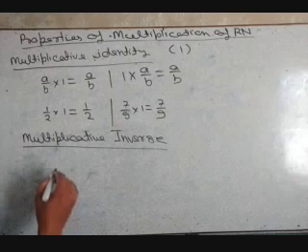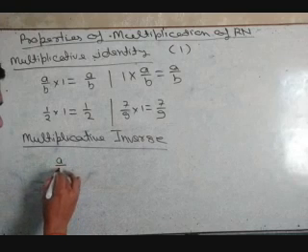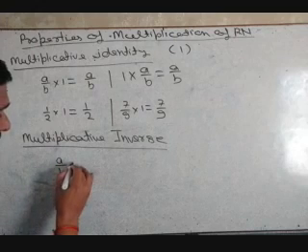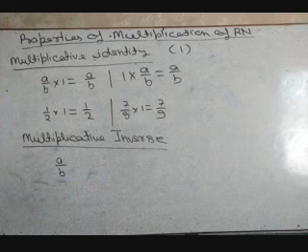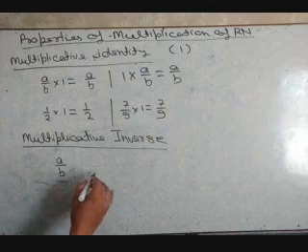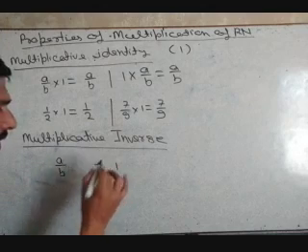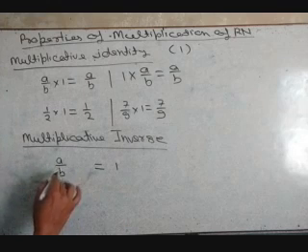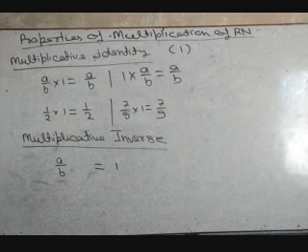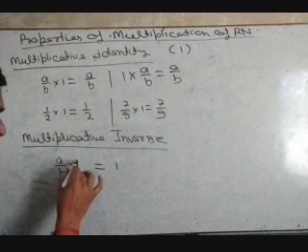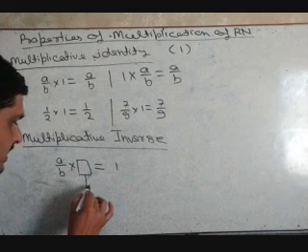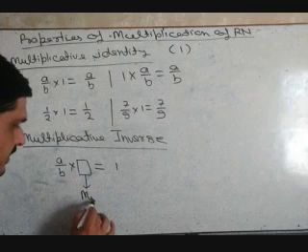If there is a rational number AB, and when we multiply this rational number with some number so that we can get 1, when you multiply any rational number with some rational number and we get 1, then this rational number is called multiplicative inverse.